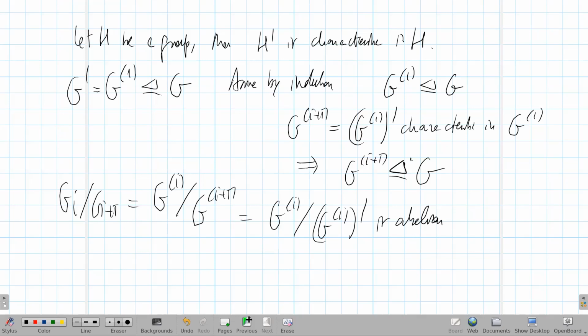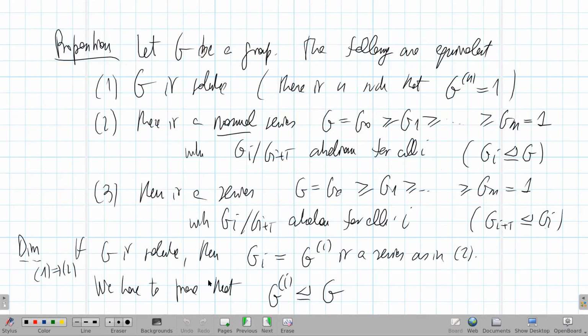So we have proved that 1 implies 2. If G is soluble, there is a normal series. There can be many series like this, but one of these is the derived series.